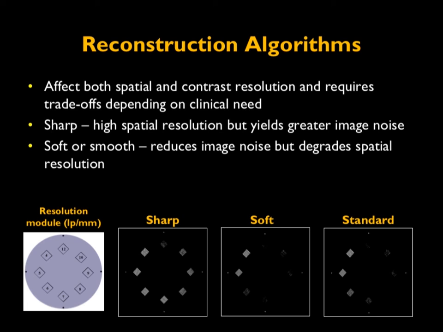The reconstruction algorithms affect both the spatial and contrast resolution and require a trade-off depending on the clinical need. So, a sharp reconstruction algorithm indicates an image with a higher spatial resolution but yields greater image noise. A soft or smooth reconstruction algorithm reduces image noise but degrades spatial resolution.